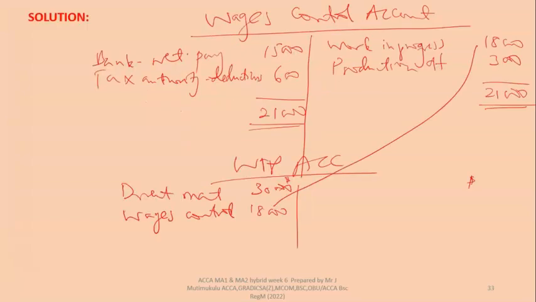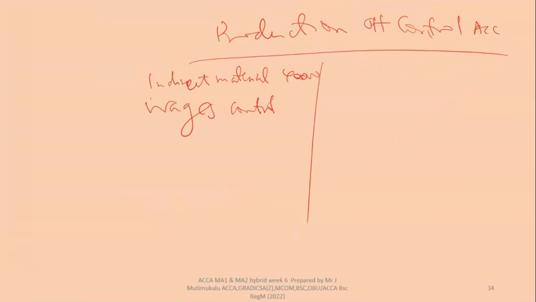We take the production overhead value of 3,000 and slot it there. That's how you complete these double entries.